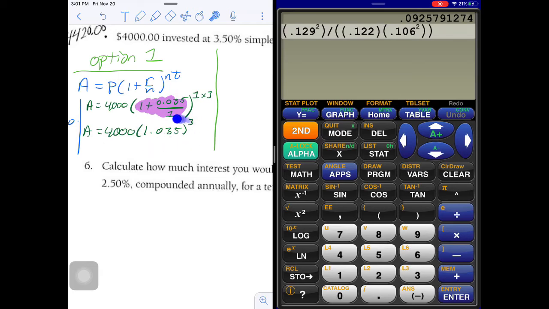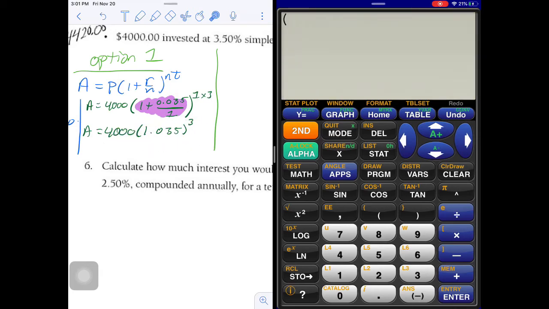Do this first and then multiply. So in my calculator I'm going to do 1.035 and press the power button, and you can see we're now in a little power. I'm going to put 3, move my cursor over, and press enter. Now I have this number.